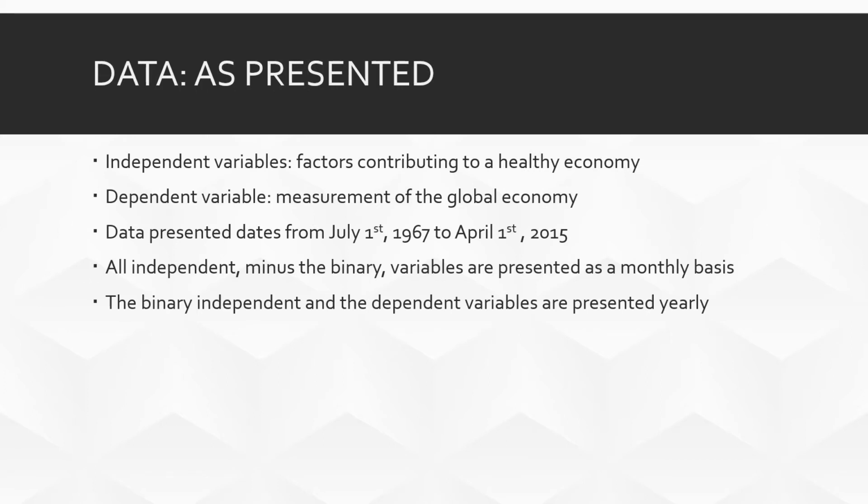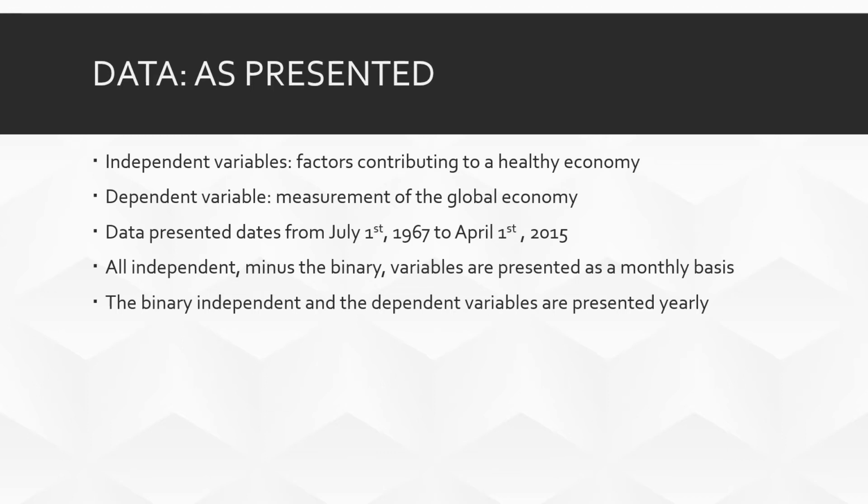So now we'll get into the data as presented in this report. The independent variables will be factors that contribute to a healthy economy, that being America for this report. The dependent variable will be the measurement of the global economy, that being the sum of the world's GDP.